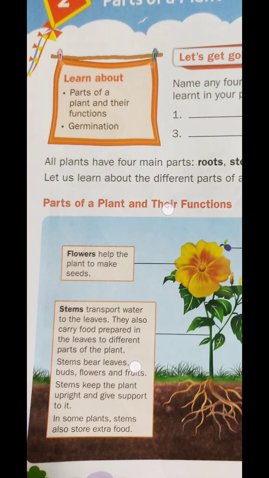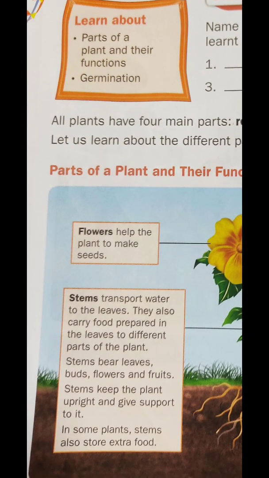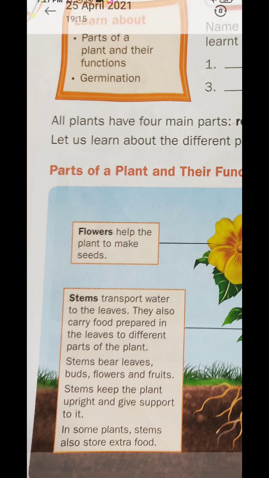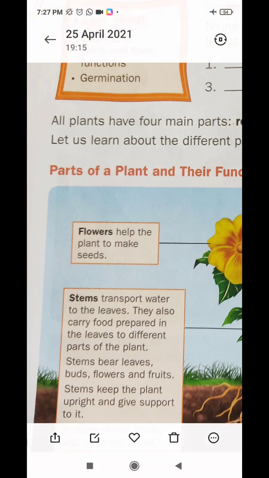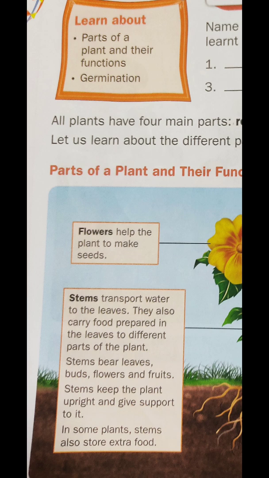They also carry food prepared in the leaves to different parts of the plant. Stems bear leaves, buds, flowers, and fruits. Stems keep the plant upright and give support to it. In some plants, stems also store extra food.